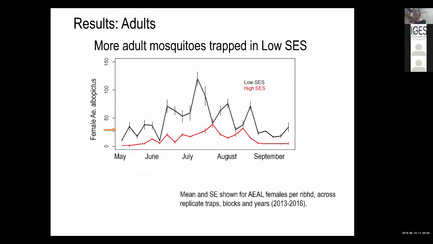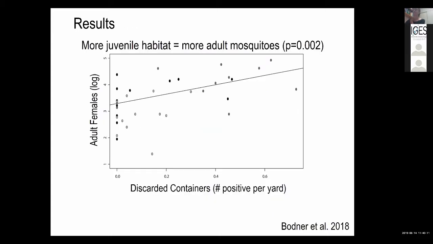So that was a threshold they deemed as a dangerous kind of potential risk above that. And so you can see that even our high income areas hit that at the end of July, but the low income areas are pretty much above that the entire year, or the entire season.